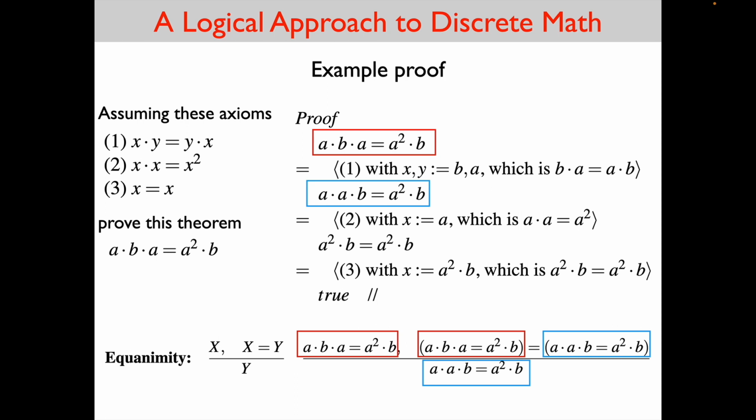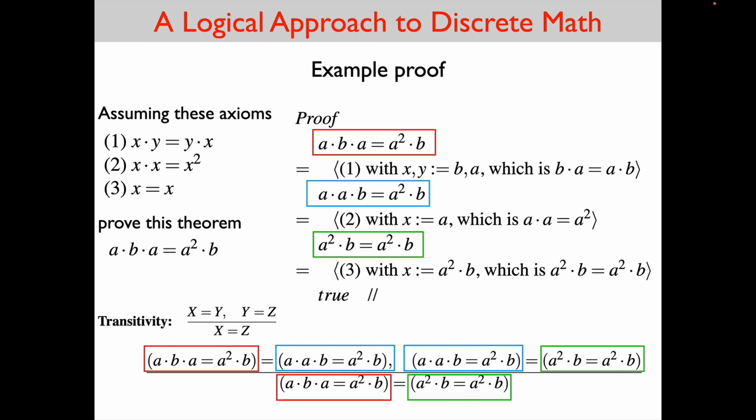And the other one that is implicit is transitivity. Now this slide shows transitivity. What is the transitivity inference rule? If x equals y and y equals z, then x equals z. Now how did we use that? Here's how we used it. In the first step, we showed that the red expression equals the blue expression.